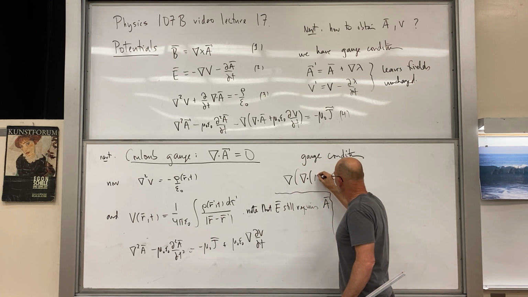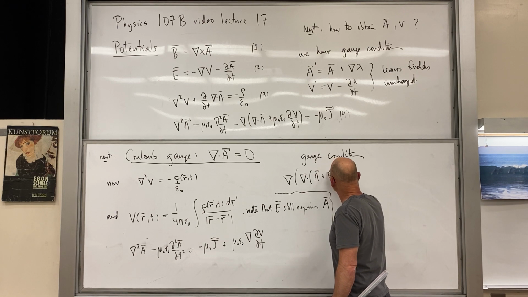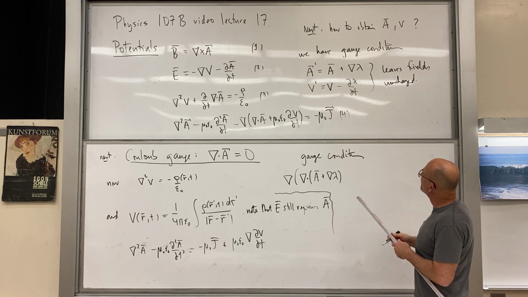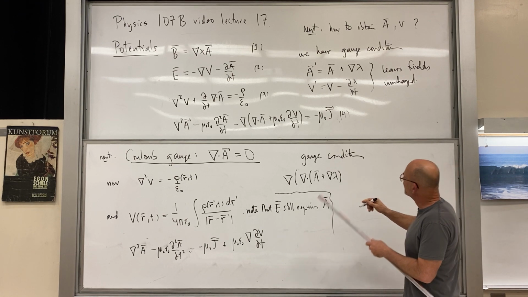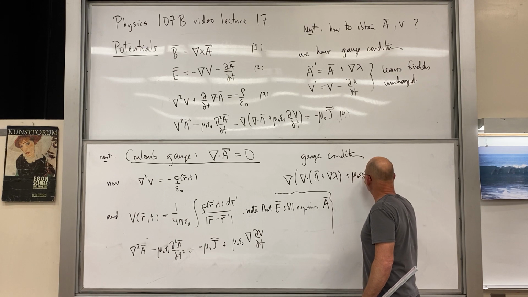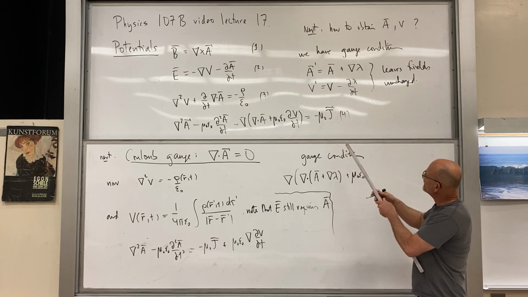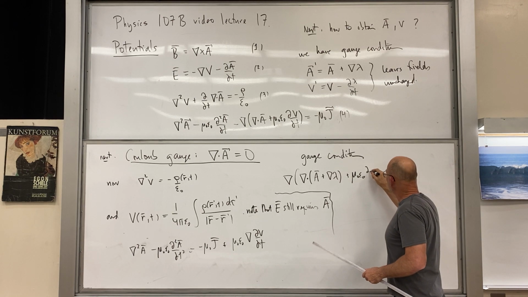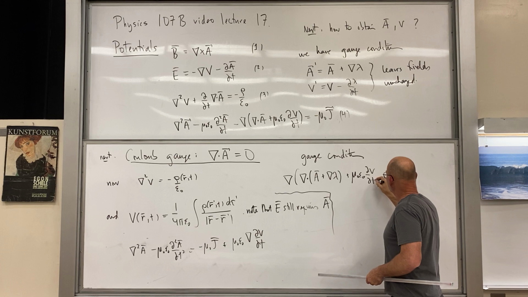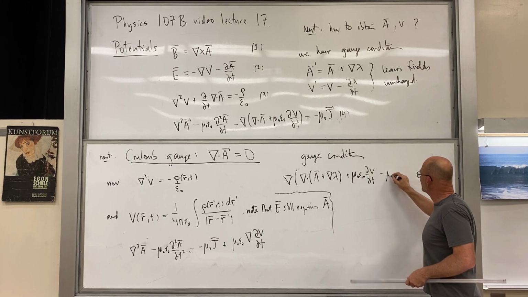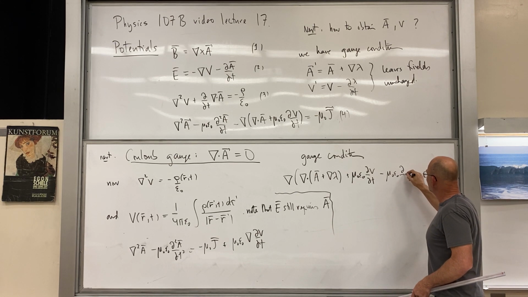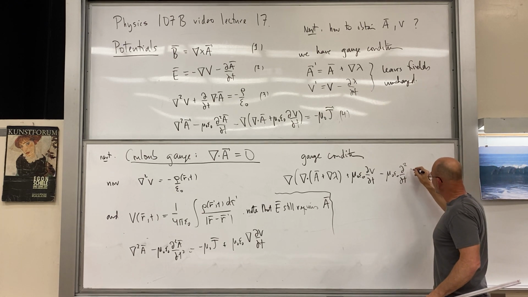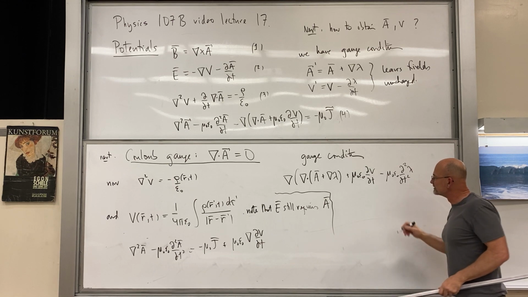So A plus grad lambda, and then we'll also take the plus mu naught epsilon naught dV/dt, and then minus mu naught epsilon naught d/dt of d lambda/dt, so d squared lambda/dt squared.